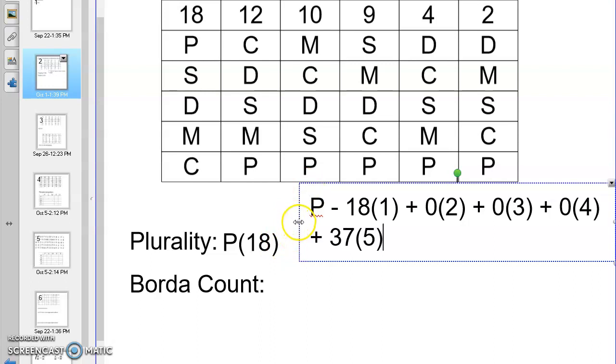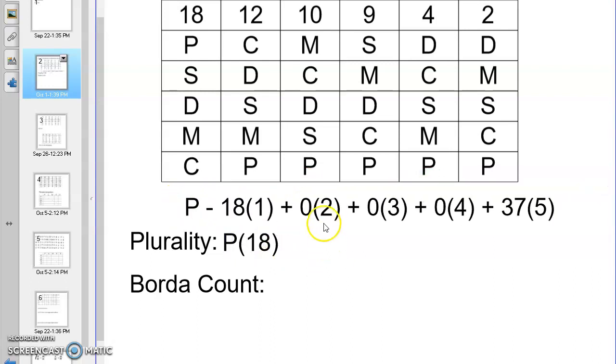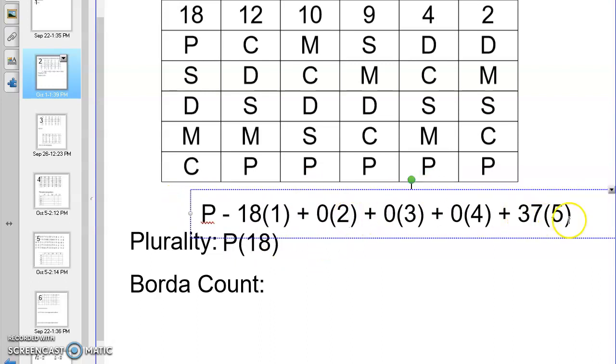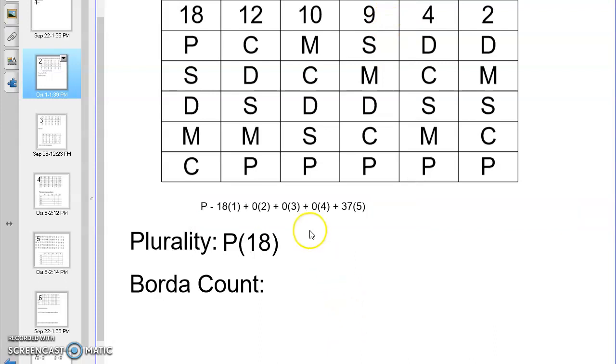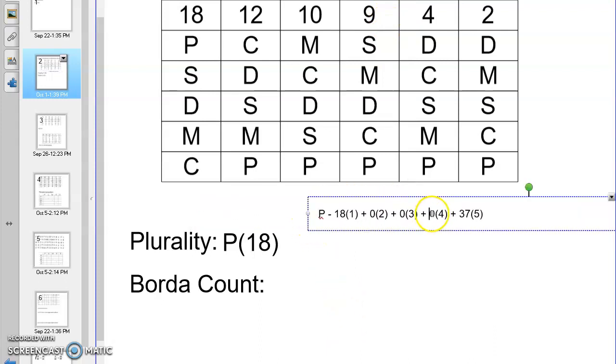So hopefully everyone can see my count there, and I'm going to try and put this into a font size that will all fit. There we go, that's a little bit better. And my total here is going to be 203.